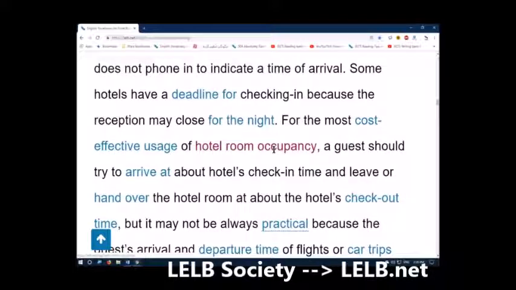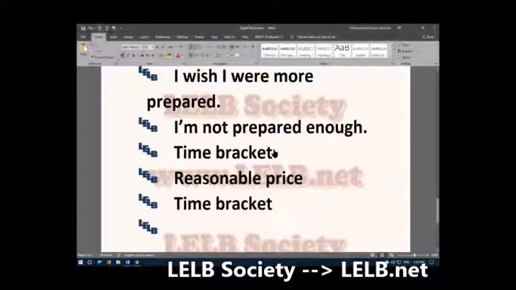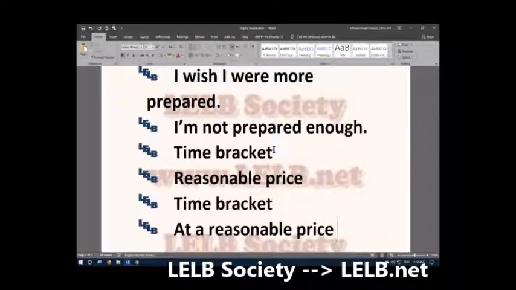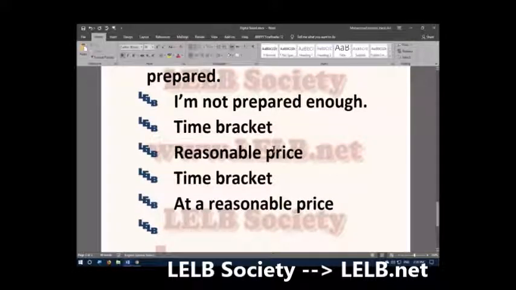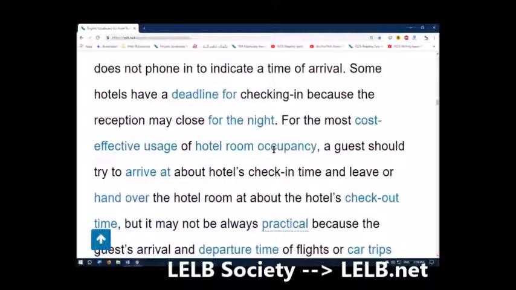For the most cost-effective usage of hotel booking, hotel room occupancy, a guest should try to arrive at about the hotel's check-in time and leave or hand over the hotel room at about the hotel's check-out time. So, if you want to book a hotel room at a reasonable price, and if you do not want to be overcharged, occupancy means the state of occupying a room.